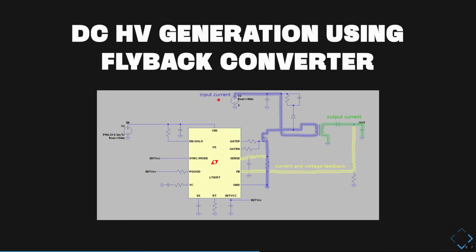I chose one from LT or Analog Devices because they have a pretty good simulation library. Basically it measures both the current flowing through the primary loop as well as the voltage that is output, and then it generates these gate pulses here.